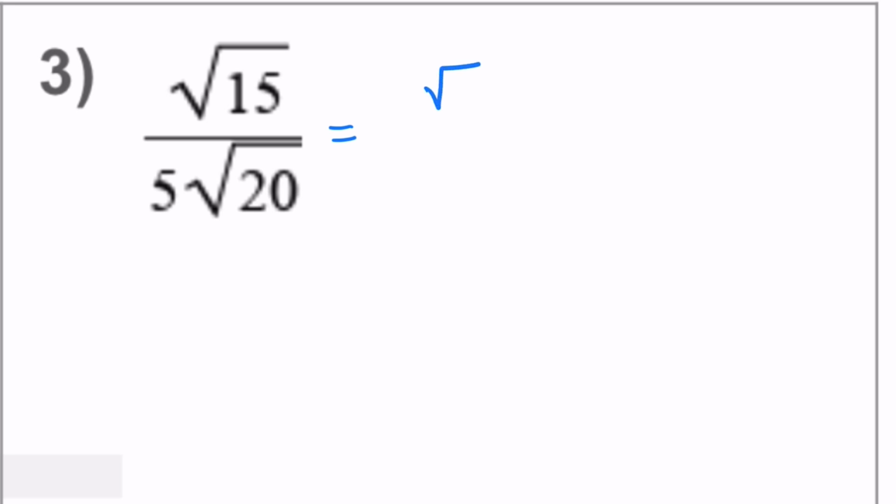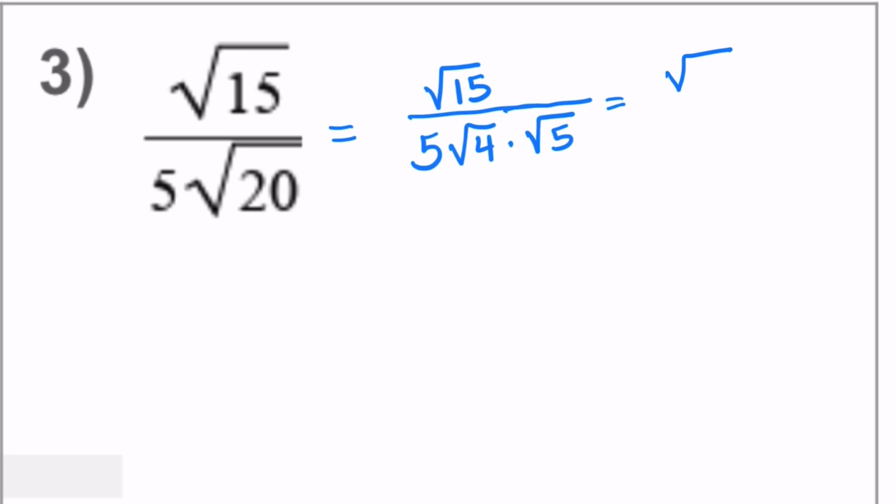So I'm going to write this as the square root of 15 over 5 times the square root of 4 times the square root of 5. So let's take it step by step. The square root of 15 is here. This would be 5 times 2 times the square root of 5.